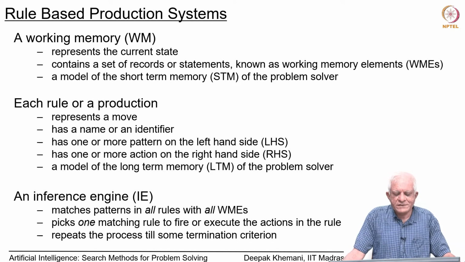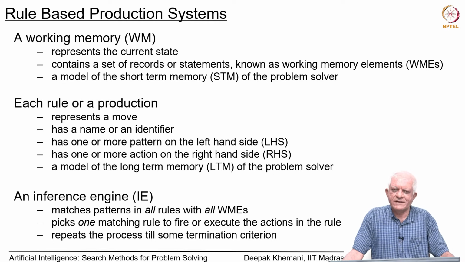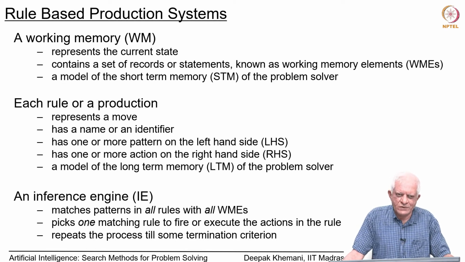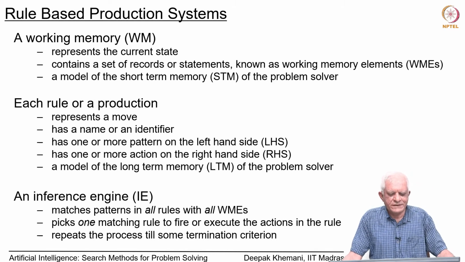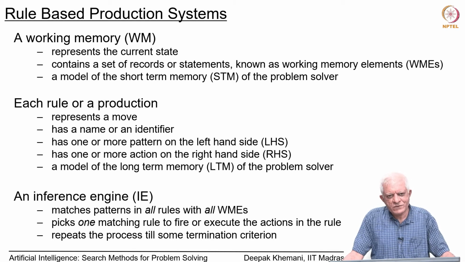The second is a set of rules which contain the problem solving knowledge of the agent, and the third is an inference engine, which has the responsibility of taking the rules, or the problem solving knowledge of the agent, and applying it to the data which is there in the working memory. So, these three components together make up a rule based expert system.